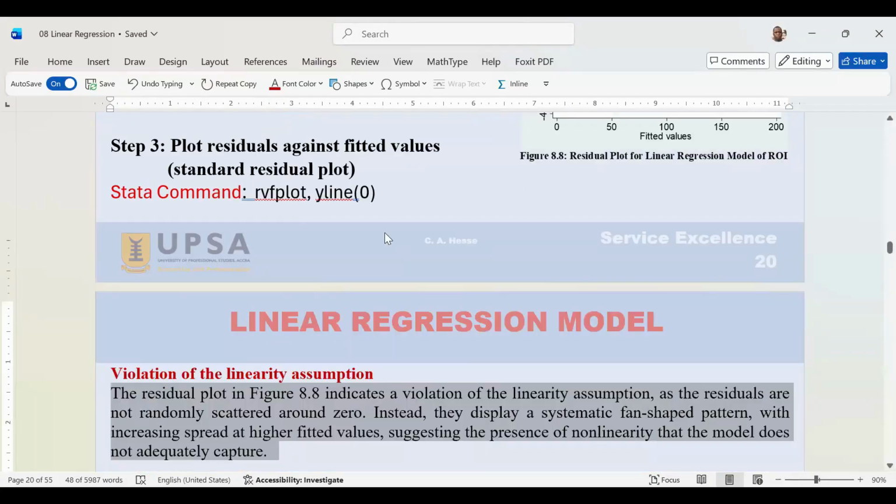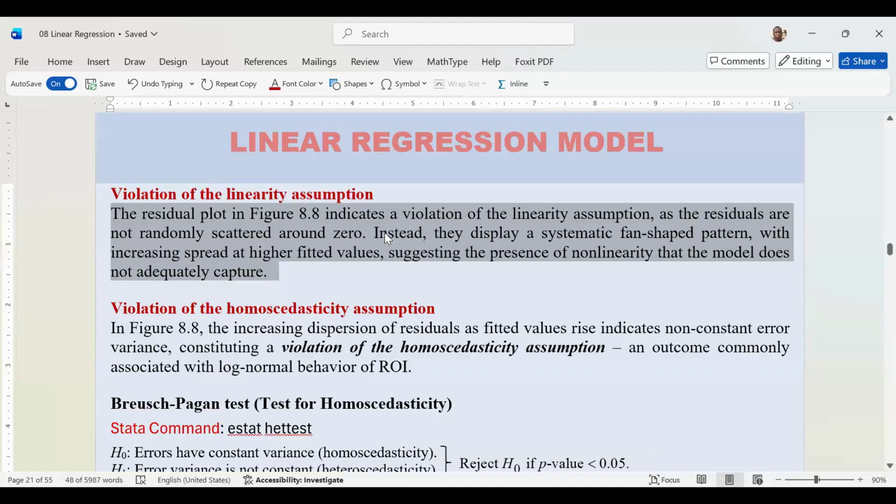So read it for me. The residual plot in figure 8.8 indicates a violation of the linearity assumption, as the residuals are not randomly scattered around 0.